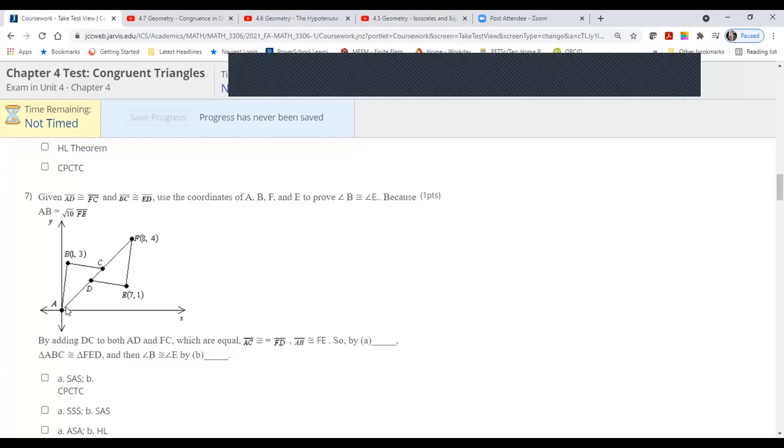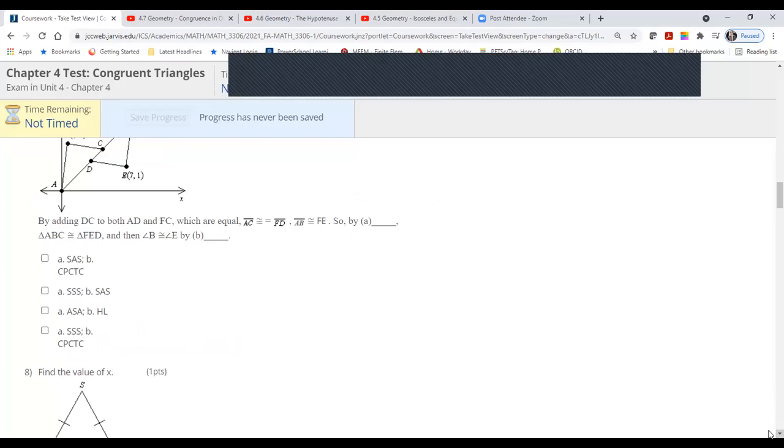And then also AB congruent with FE. So I think this one is using what? SSS? Yeah, using SSS, the S is side. And then it's important for this one to use CPCTC, right?